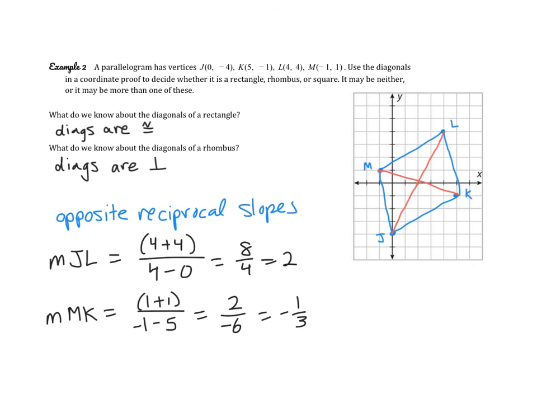So here I can see that the slopes are not opposite reciprocals, so therefore we can conclude that JL is not perpendicular to MK, so we would say that it is not a rhombus.